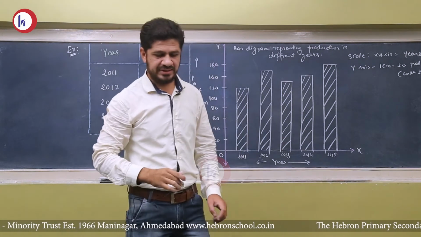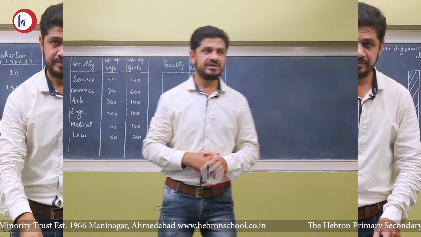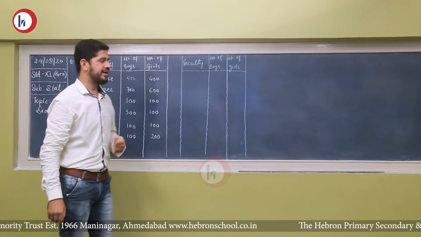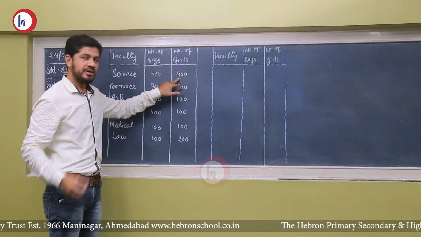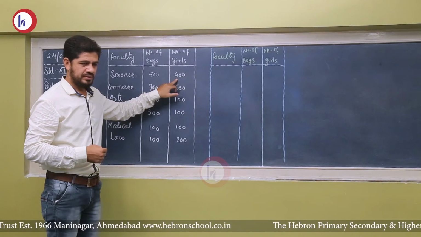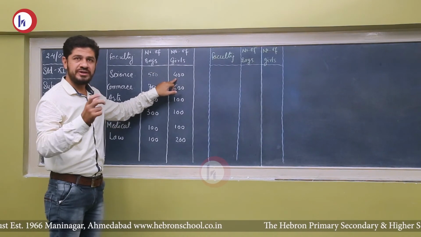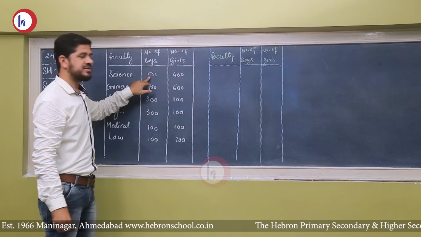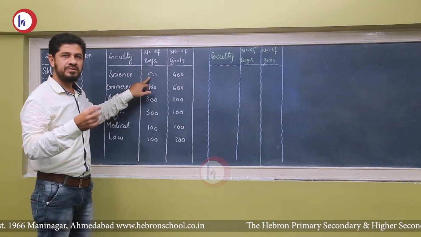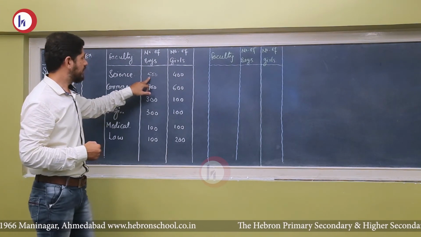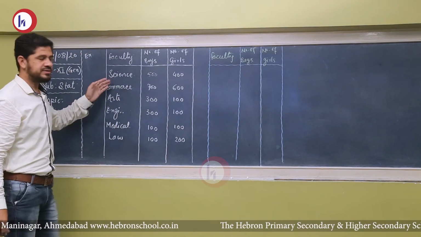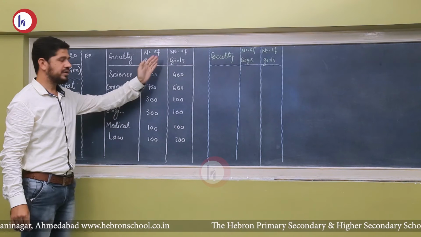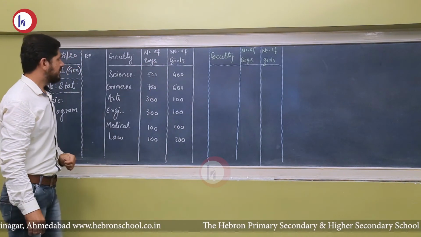Okay, let's come to the third one. It is a type of multiple bar diagram. When two data that are mutually related with each other, we will represent the data in a multiple bar diagram. Okay, so again we have given the faculties, the number of boys and the number of girls.